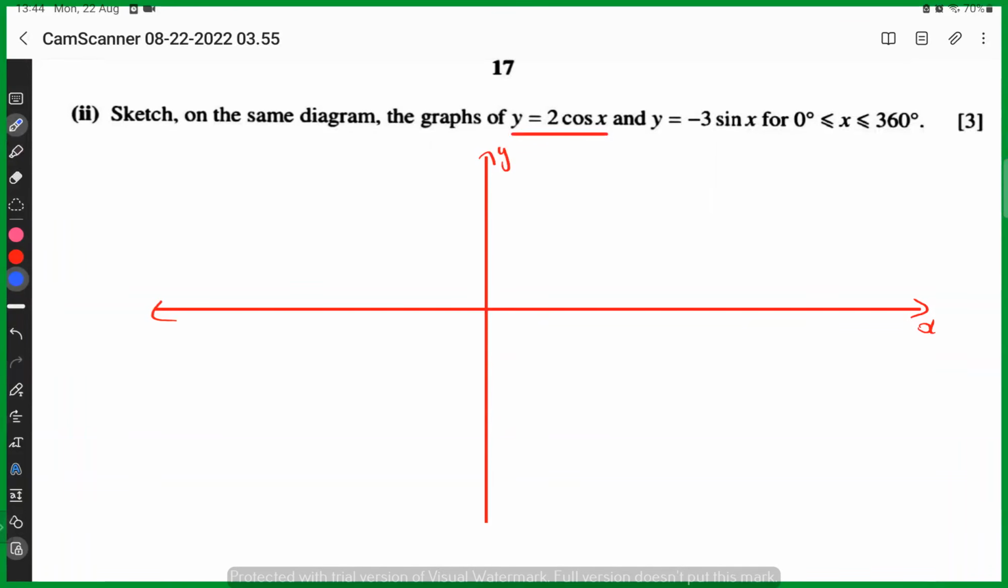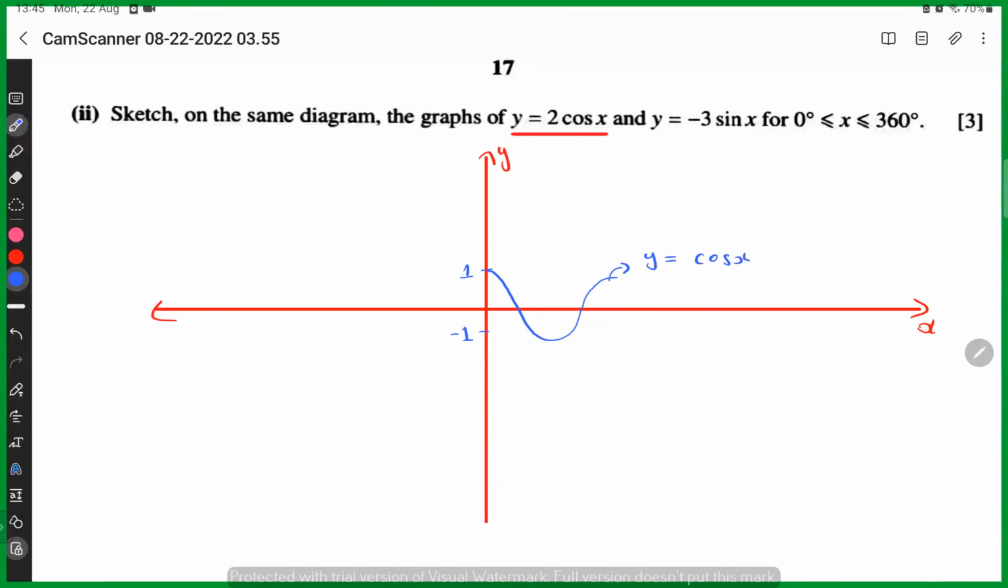First of all, let me just make the graph of simple cos x. This should be fine. This right here is basically the graph of, let me add the labelings. Okay, -1. Okay, this is the graph of y equals cos x.